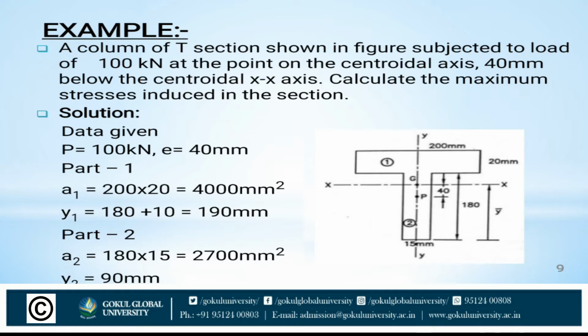Part 1: A1 is equal to 200 multiplied by 20, and y1 is equal to 180 plus 10, so it is 190 mm. Part 2: A2 is equal to 180 multiplied by the thickness 15 mm, and y2 is equal to 90.